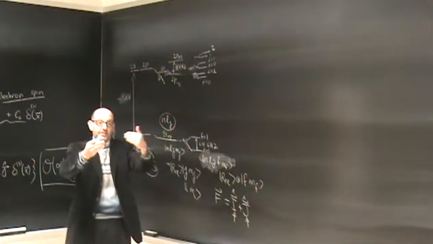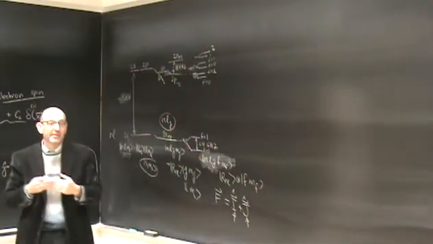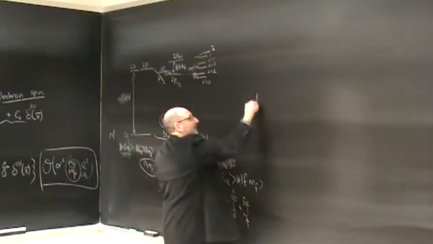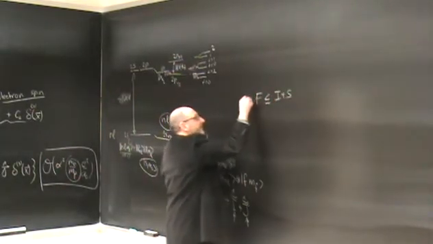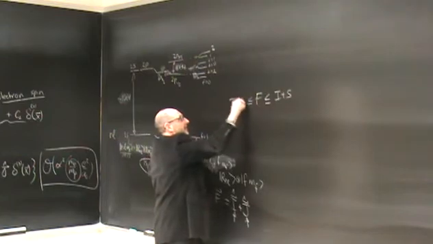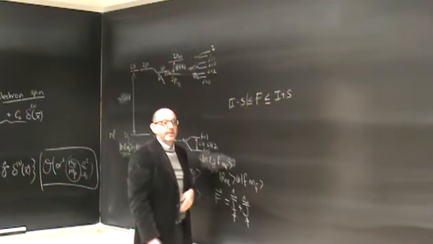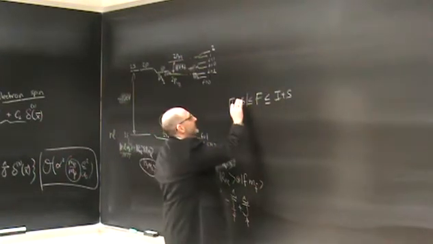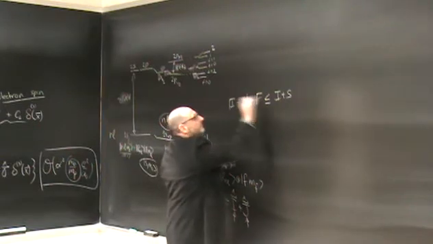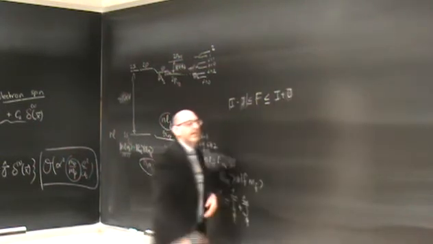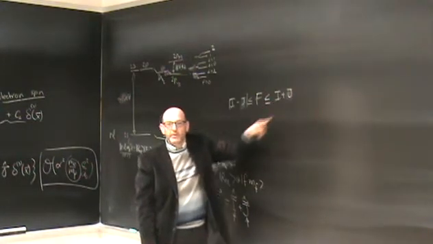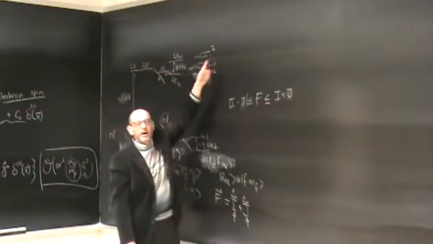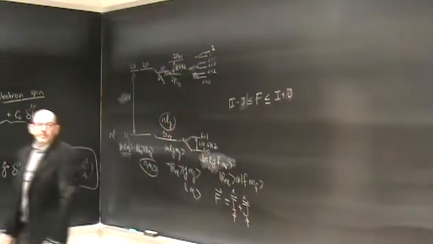Because the total angular momentum F goes between the sum and the magnitude of the difference. In this case it's J, and J is 3/2 and I is a half, so the possible values here are F equals 2 and F equals 1.